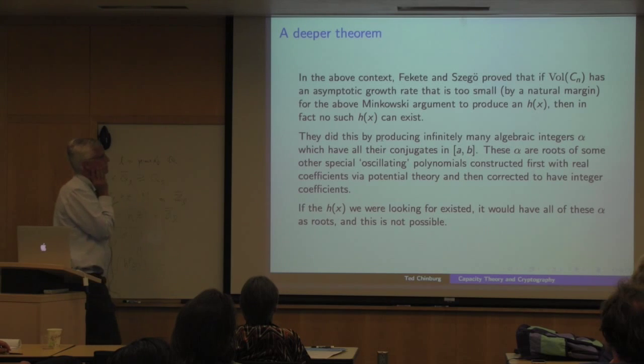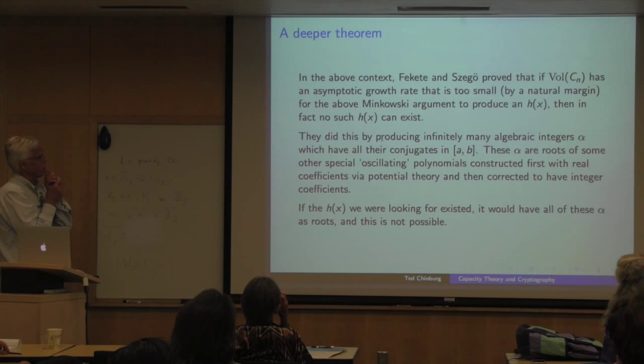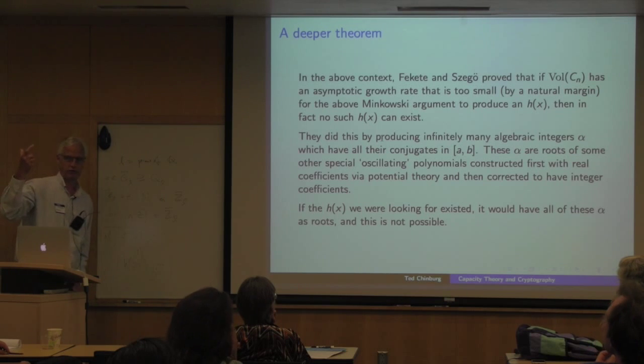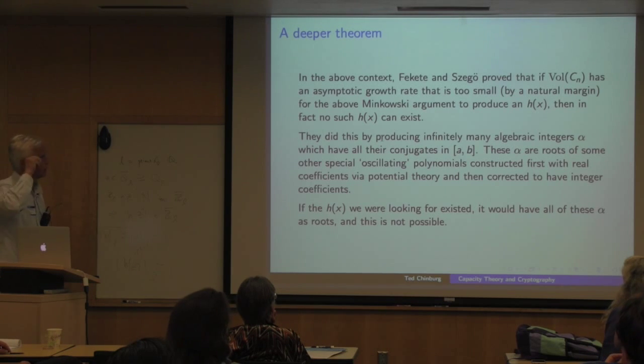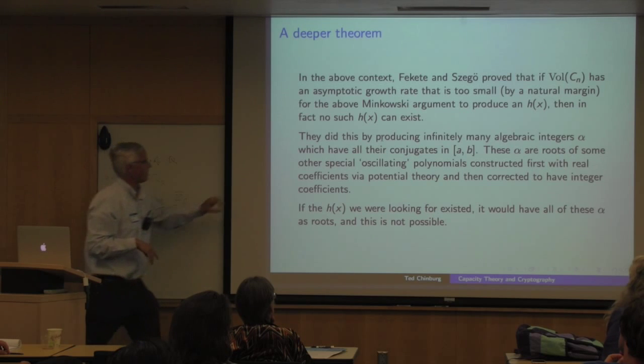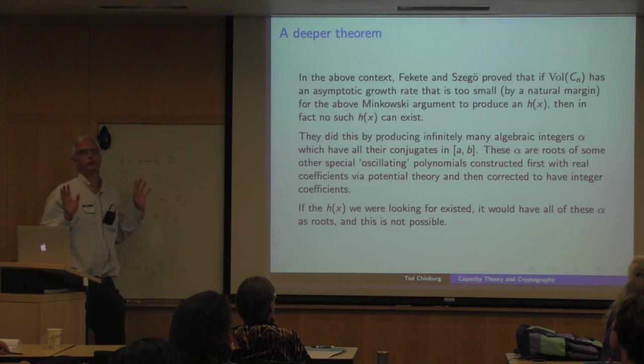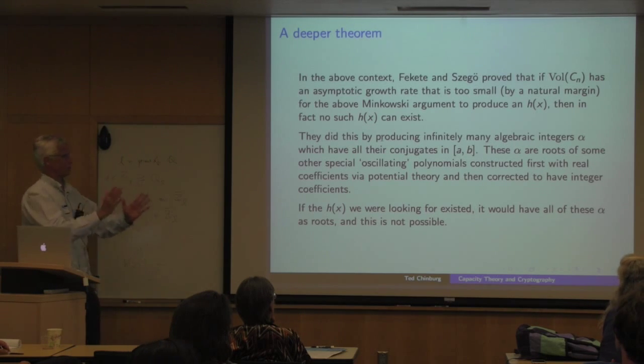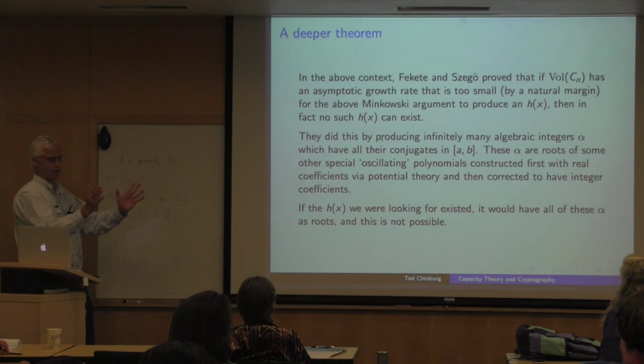And here's what they actually do. What they really produce in this case is that if the Minkowski argument fails, they actually produce infinitely many algebraic integers that have all their conjugates in this interval. Before I talk about how they do that, let's just imagine that we could do that. Imagine that you have this interval. You can find infinitely many algebraic integers that have all their conjugates in the interval.